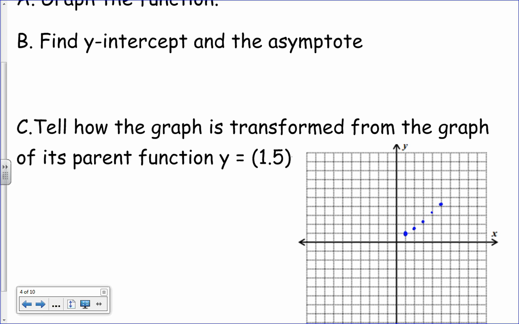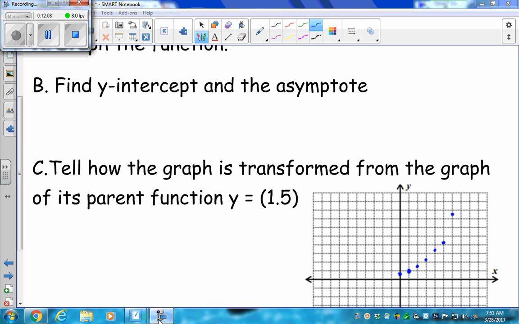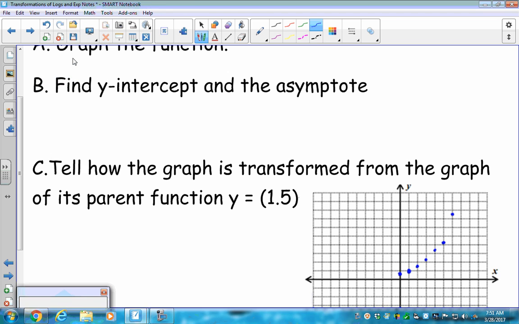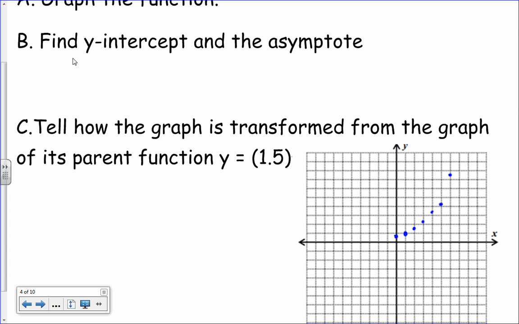So that would be right in here. 6 and about 7.6. And the point at 7 is at 11 something. So if we go back at 0, we got a point at 0.6667. At -1, we have a point at 0.444.